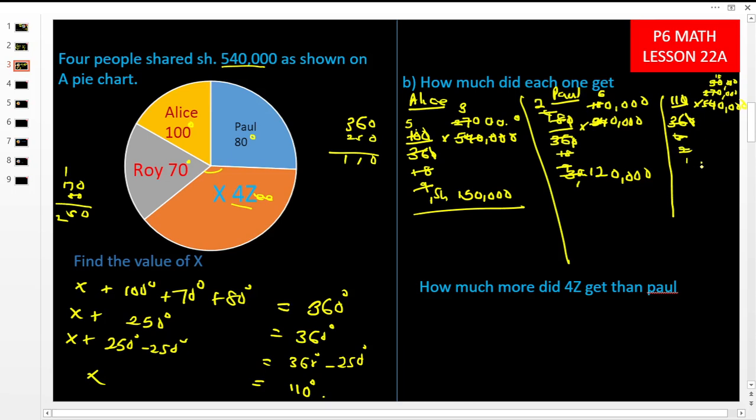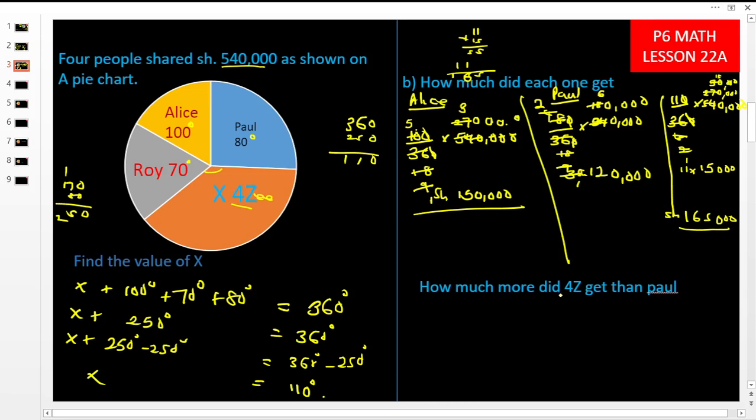So this is 15,000 times 11, meaning that 15 times 11, this is 165, then add on the 3 zeros. So this is the amount she obtained for 4Z.